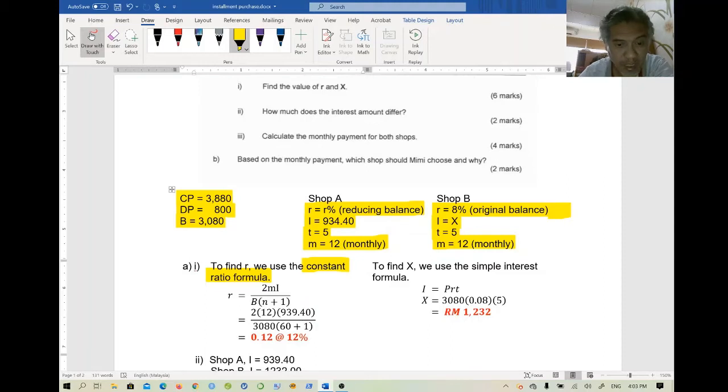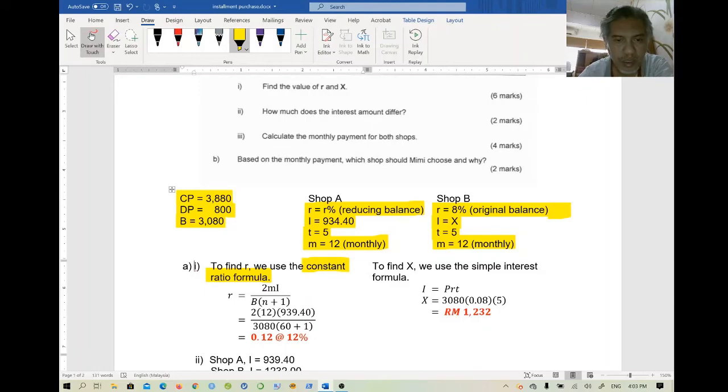In this case, B here refers to the balance after the deduction of the down payment, and n is the total number of payments. To find n, the payment mode is 12, that is monthly basis, and the duration is 5 years. So you multiply 12 with 5, you get 60. That is the number of payments.